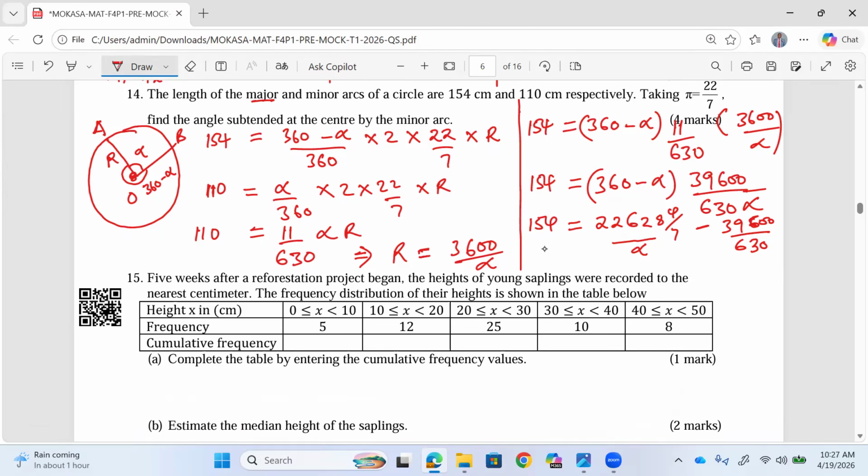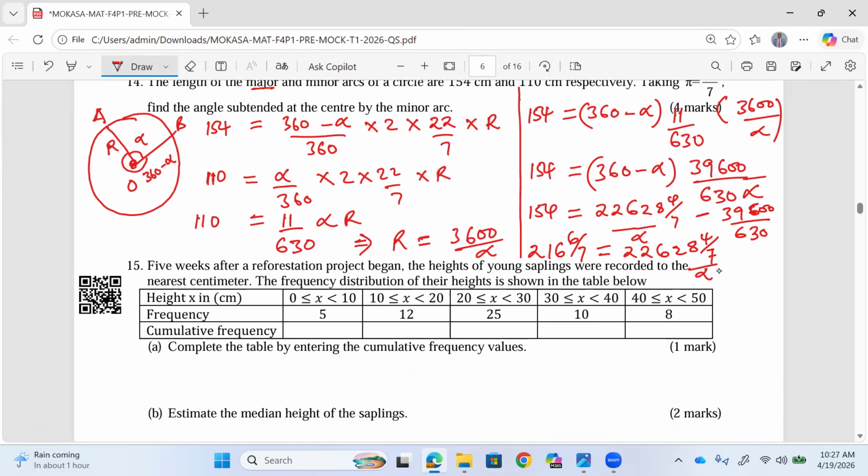So this is going to be 216 6 over 7, being equal to 22,628 4 over 7 over alpha, like that.